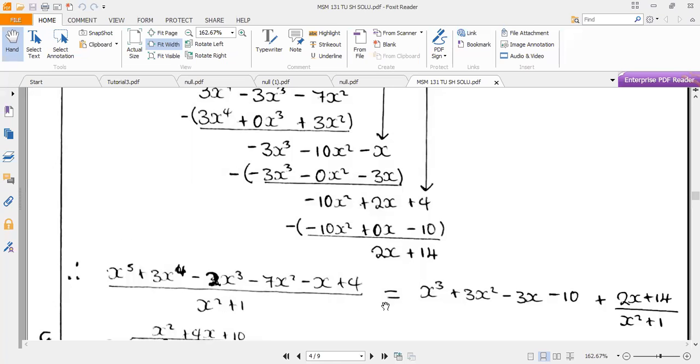So this divided by this is equal to x power 3 plus 3x squared minus 3x minus 10, and a remainder of 2x plus 14 over x squared plus 1. If you want, you can neglect this and just say remainder 2x plus 14. That is correct as well. Are we clear?